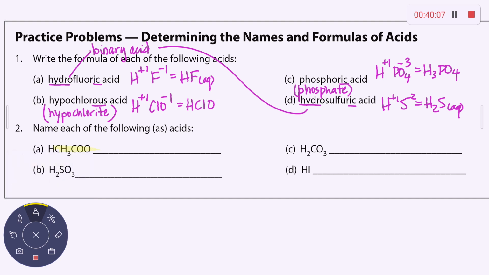make sure that you are naming the polyatomic ion containing oxygen first before you attempt to do anything else. Okay, so here, this is acetate. Ates become ic. So this is acetic acid. So this is how you name the oxyacids.